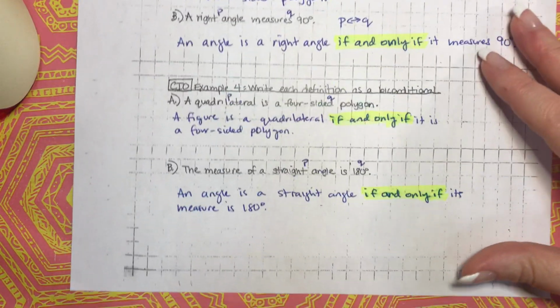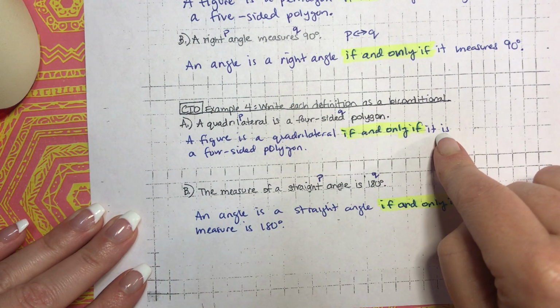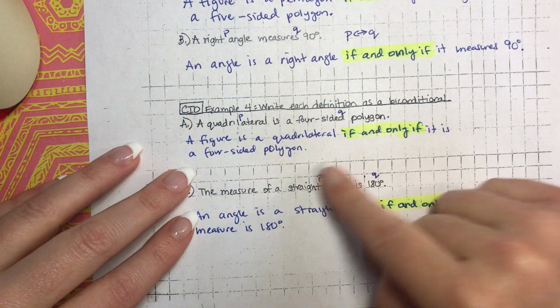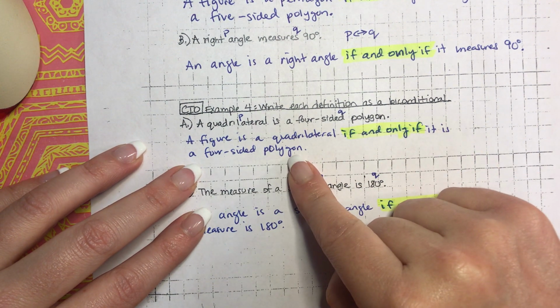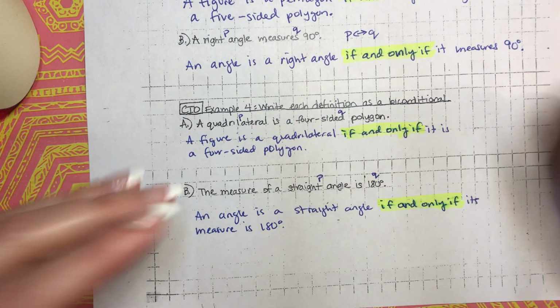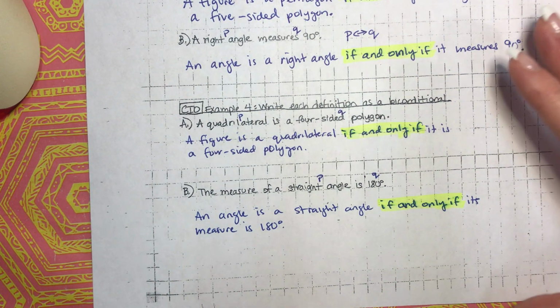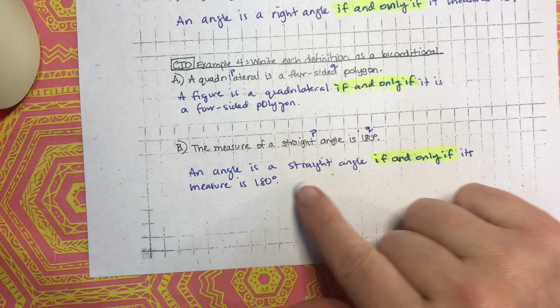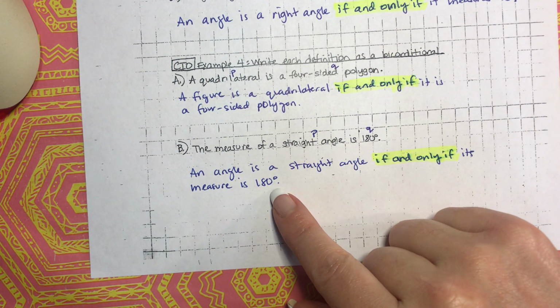What about this one down here? A figure is a quadrilateral if and only if it is a four-sided figure. And then if we reverse it, a figure is a four-sided polygon if and only if it is a quadrilateral. Yeah, that one can be reversed too, and it still is true. What about the last one? An angle is a straight angle if and only if its measure is 180 degrees.